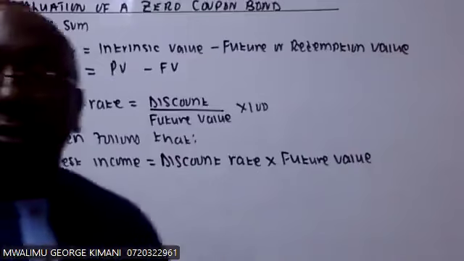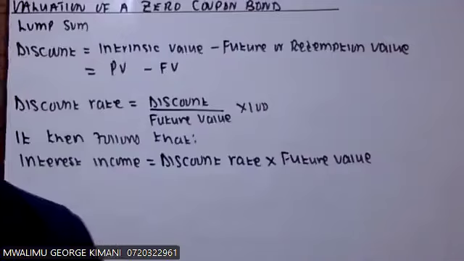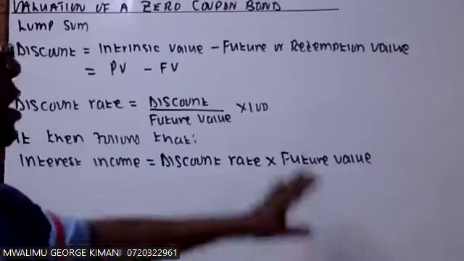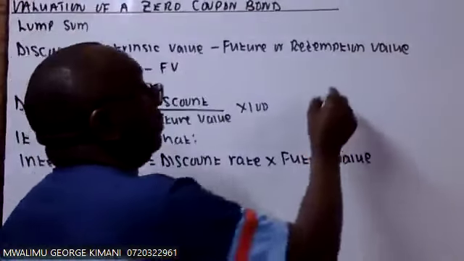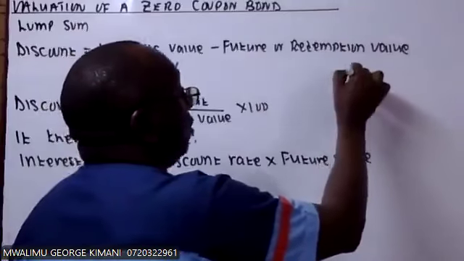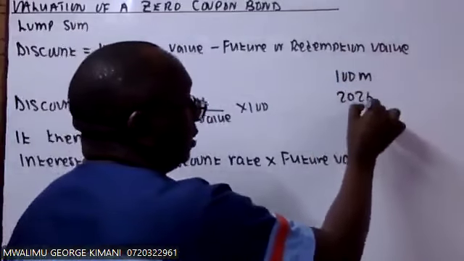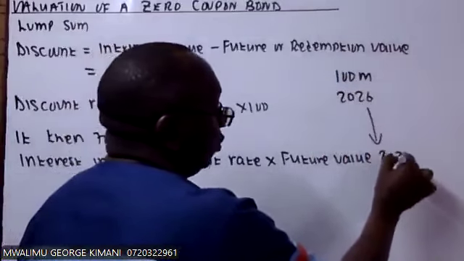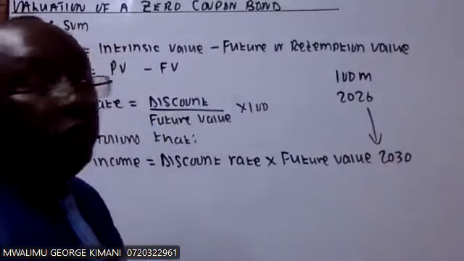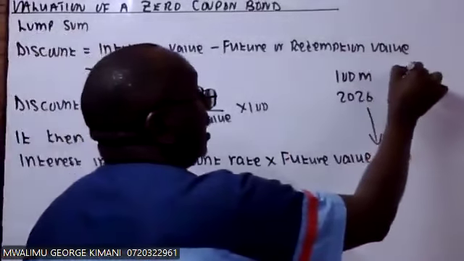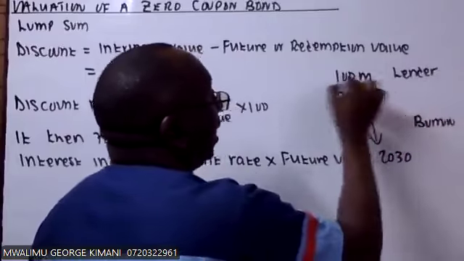The bond that we discussed last time is the one that is paying interest. But now this one, we are not being paid anything. What happens is, if for example you are giving a bond of 100 million today, 2026, and you want to be given back the money in 2030, you as the lender shall not give the borrower 100 million.